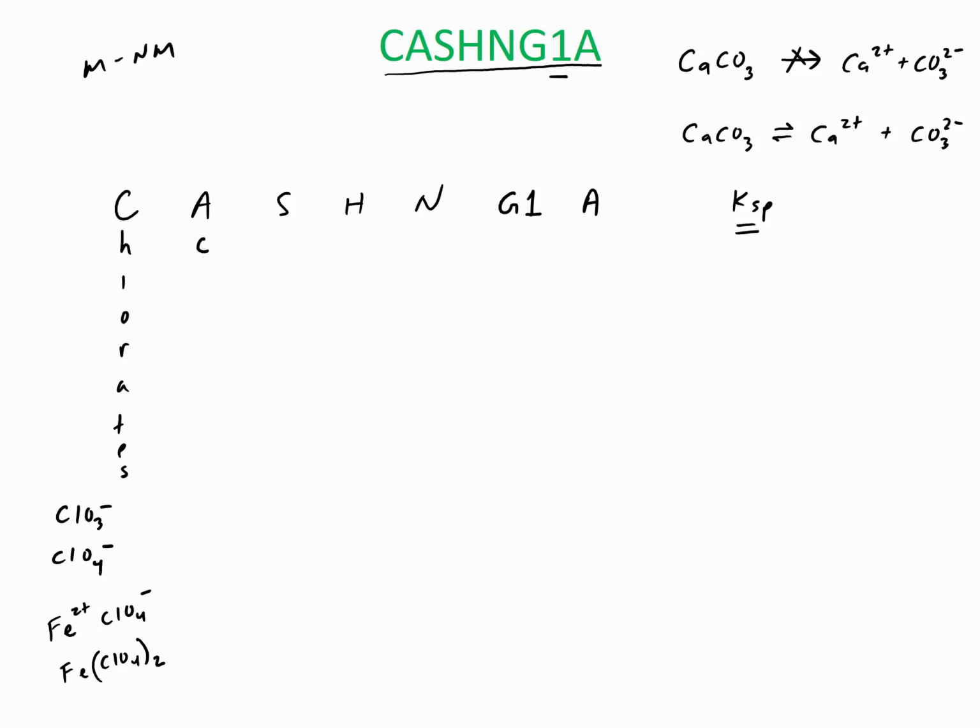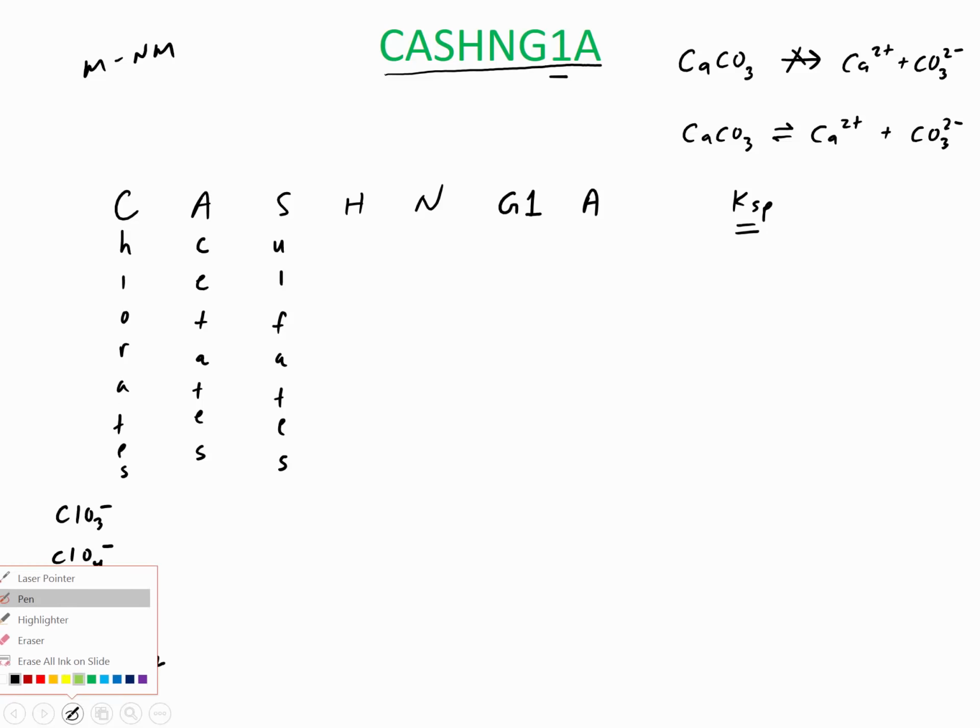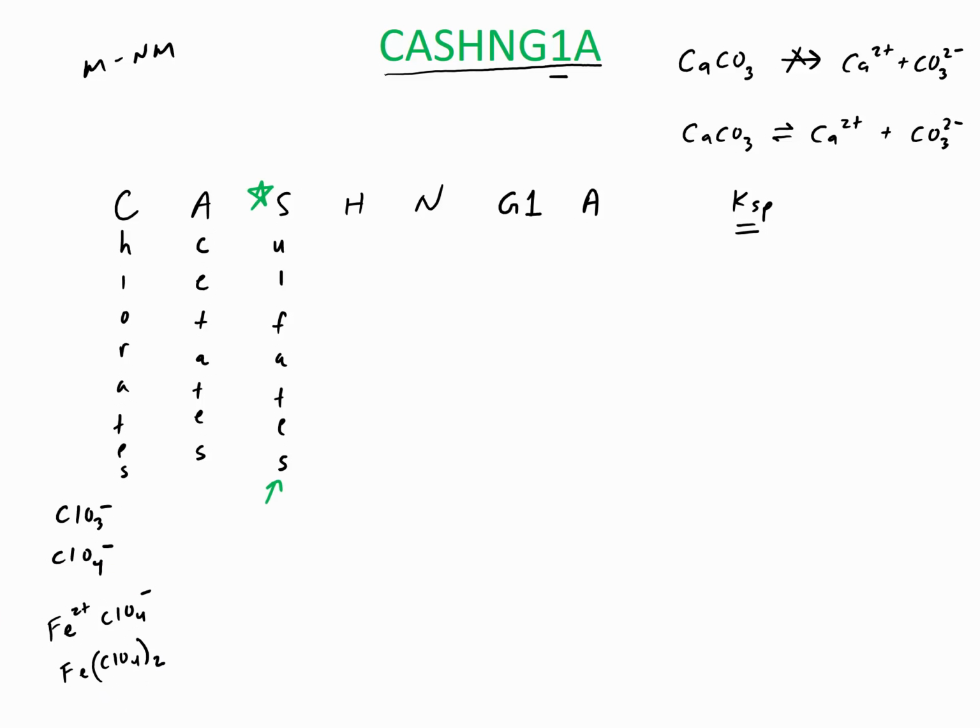Many iron compounds are not soluble, but that one is. Acetates is what the A stands for, and the acetates had a couple of exceptions. Sulfates: some key exceptions for the sulfates, put a star here, are the heavy metals like Pb2 plus, Hg2 2 plus, and Ag plus.